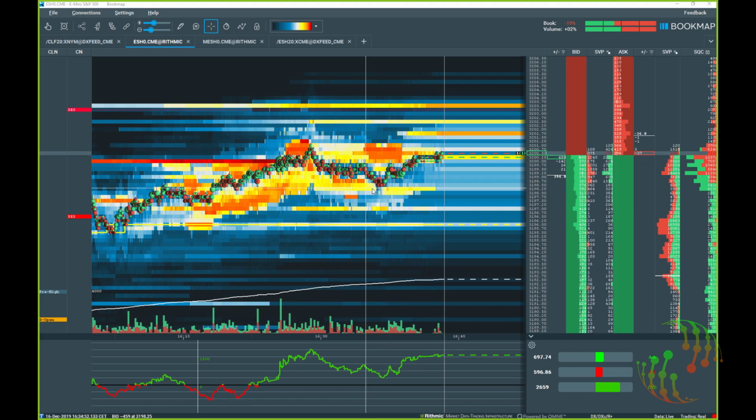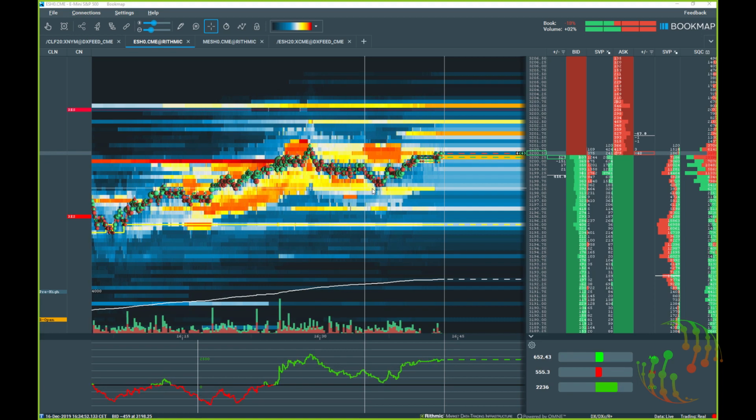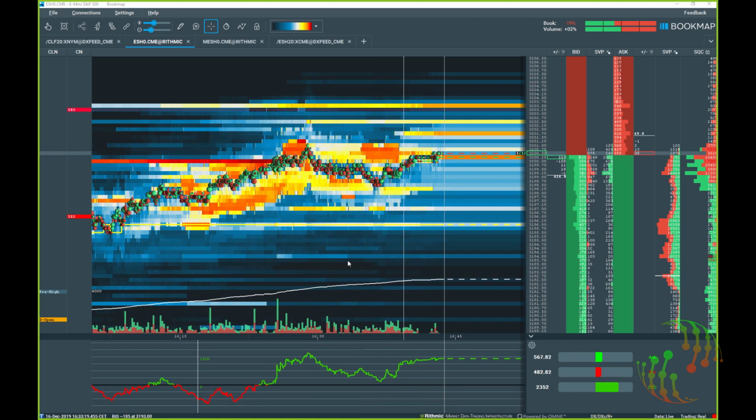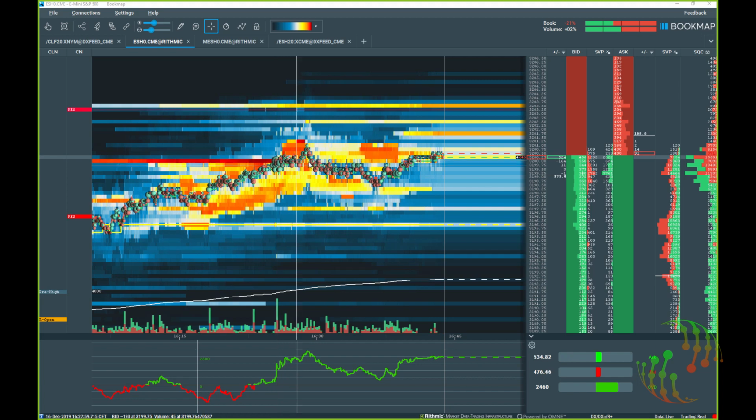Then you change your chart styles. You go from candles to Renko, for example, or other exotic presentations and charts. That's not the point. This is a profession like other professions, and I can give you the reasons for what is happening here. And I know what is happening here.